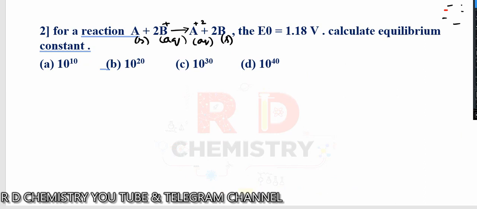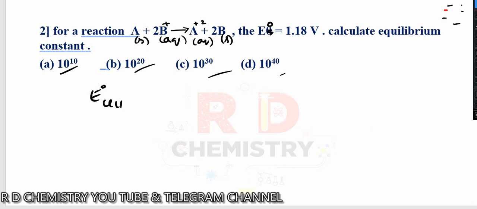Read the second question. For the reaction A plus B 2 plus giving A 2 plus B, E naught value is given as 1.18 volt. Calculate equilibrium constant. Direct straightforward problem. See here, 10 power 10, 10 power 20, 30 and 40 have been given. Now, simple one directly.